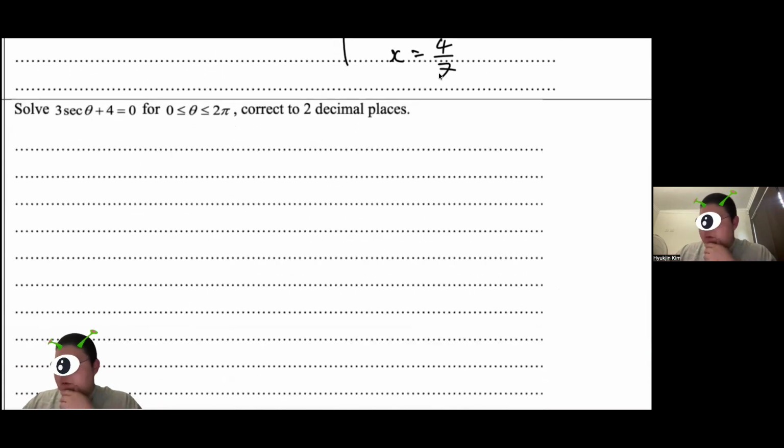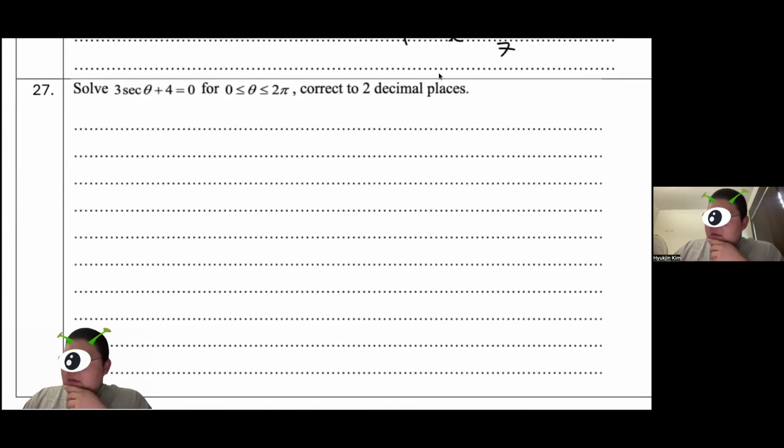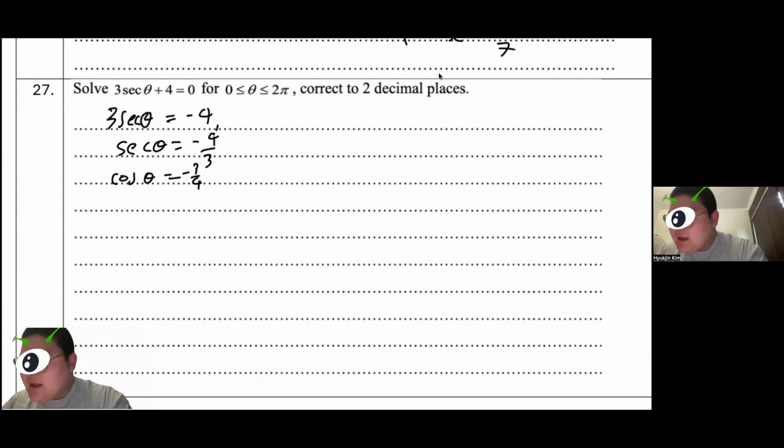Now solve that, correct to two decimal places. This is an ugly number, so hopefully it looks right. If I were to get 3 sec theta equals negative 4, that means sec theta equals negative 4 on 3. This is the same as saying cos theta equals negative 3 on 4 because they're reciprocals, right? Sec is just 1 over cos, which means we just flip the fractions. Now, at this point, we think to ourselves, these are two quadrants.